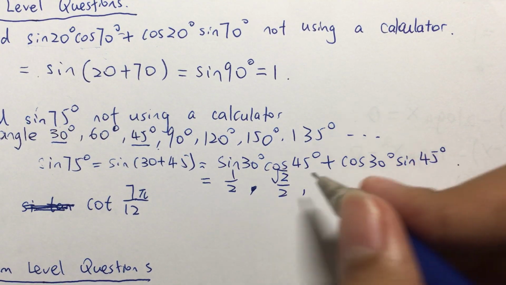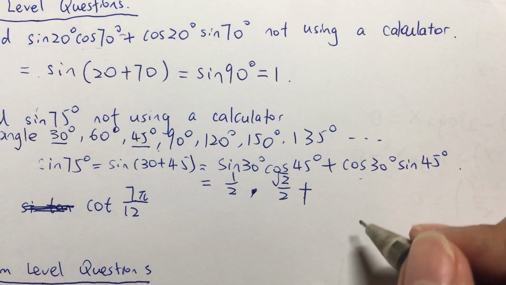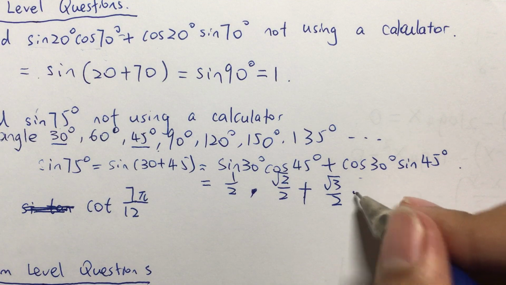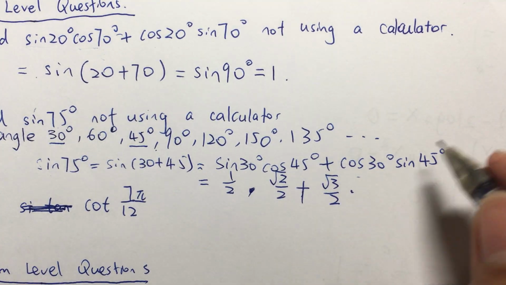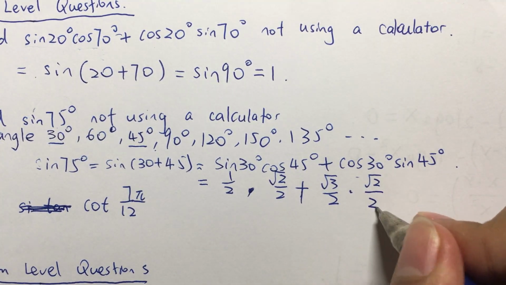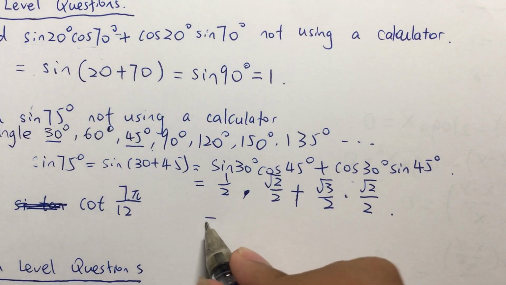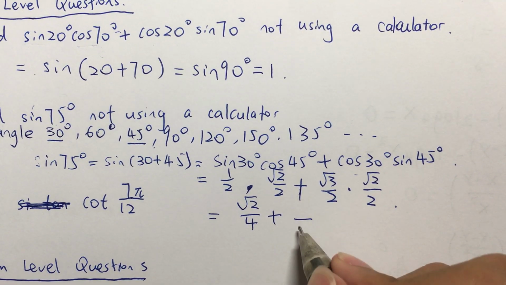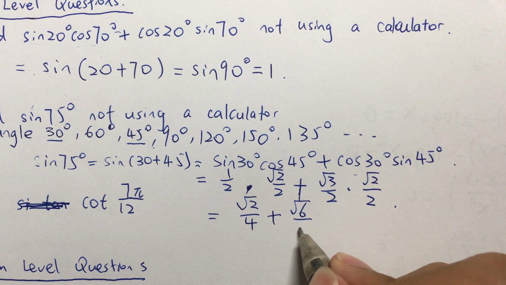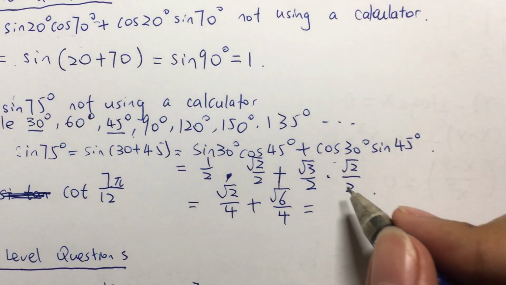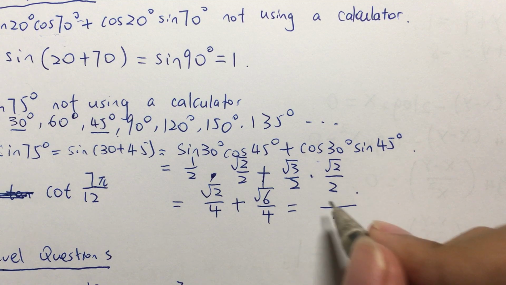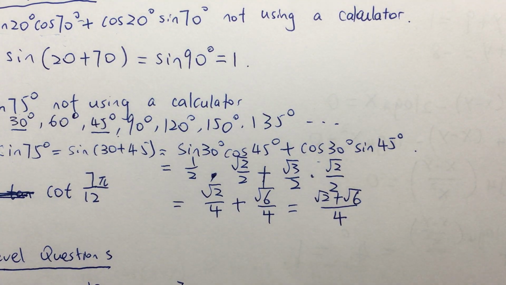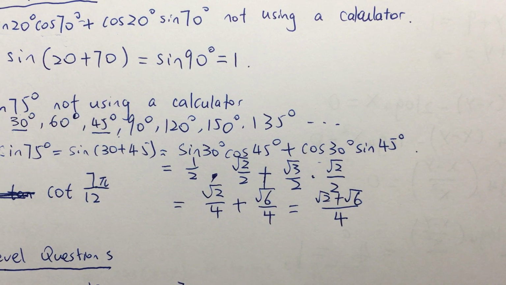Now that is times, plus cosine 30 degrees is square root 3 over 2 times sine 45 degrees is square root 2 over 2. And that is equal to square root 2 over 4 plus square root 6 over 4, which is square root 2 plus square root 6 over 4. And we have solved this problem.